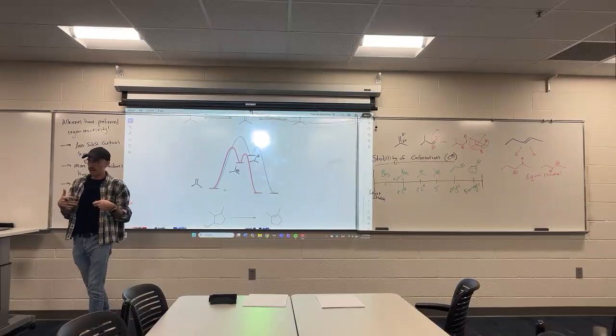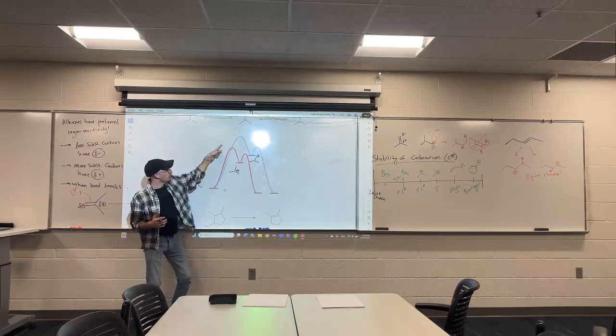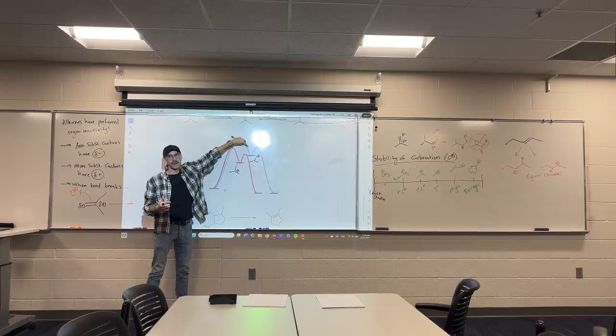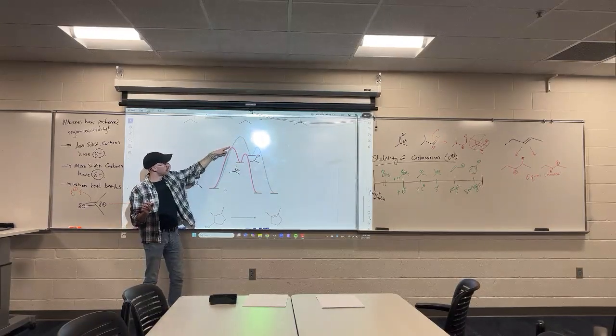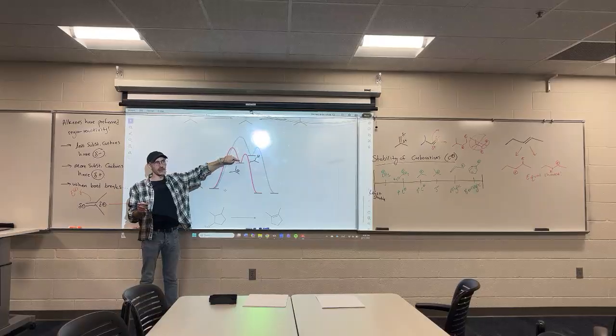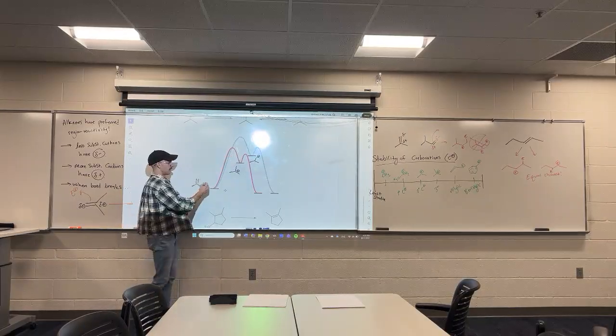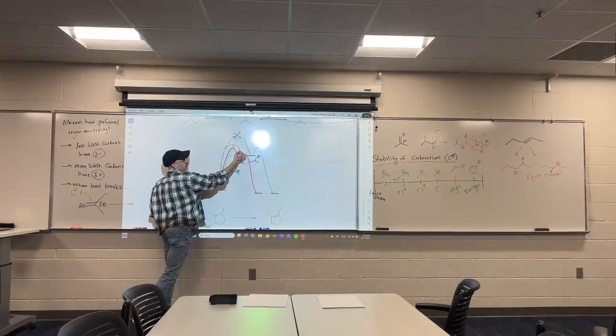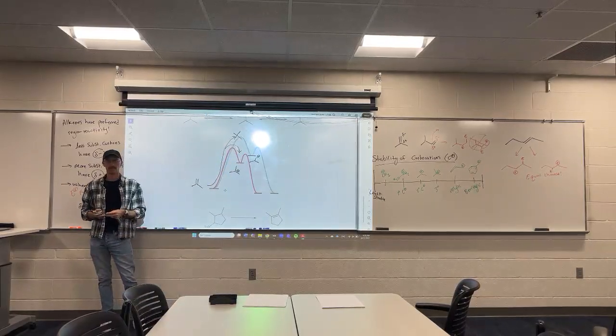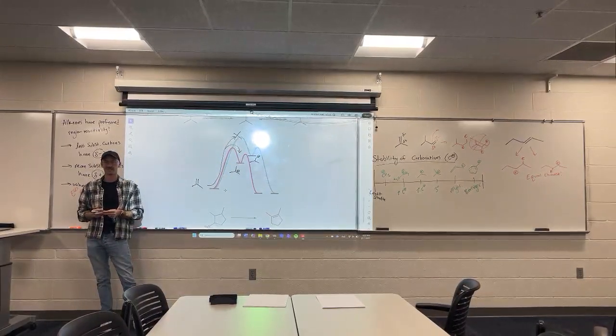If I have enough energy to form a primary carbocation, I already had enough energy to form the tertiary carbocation instead. If you have enough energy to get up here, you won't. Does that make sense?